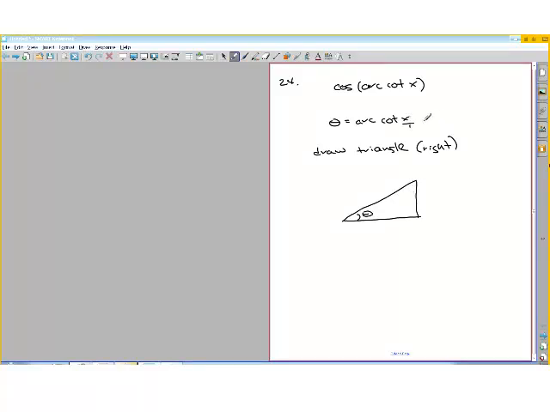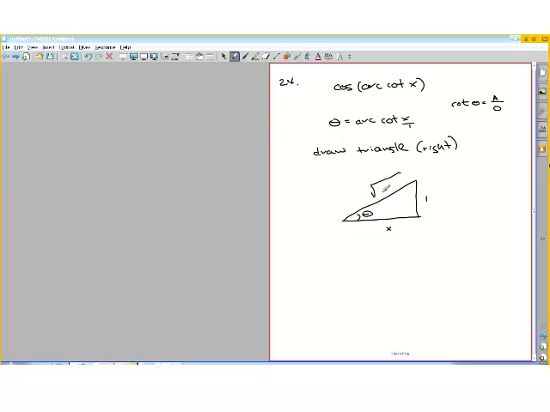The cotangent of theta is going to be equal to, well, the tangent is the opposite over adjacent, so it's going to be adjacent over opposite. So I'll make the adjacent side x and the opposite side 1.